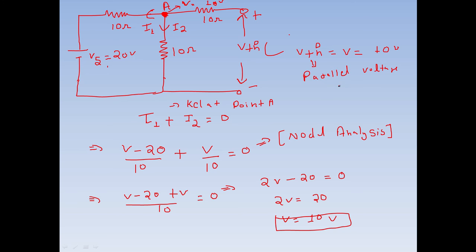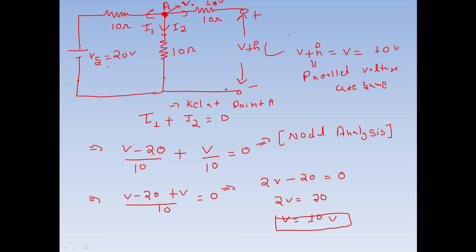The voltage across VTH is 10 volt because in parallel, voltages are the same. This branch and this branch are in parallel, so the voltage across this branch is the same as the voltage across this particular branch. So VTH is equal to V equal to 10 volt.